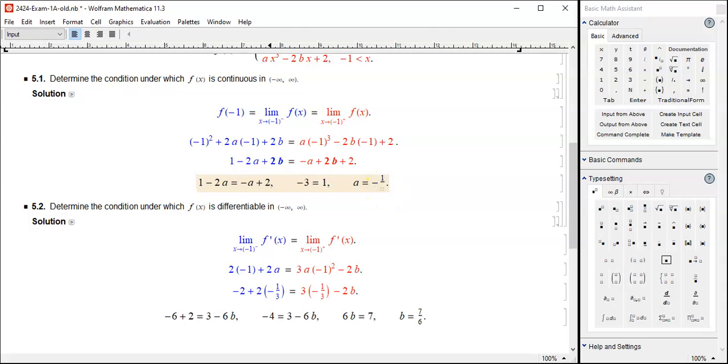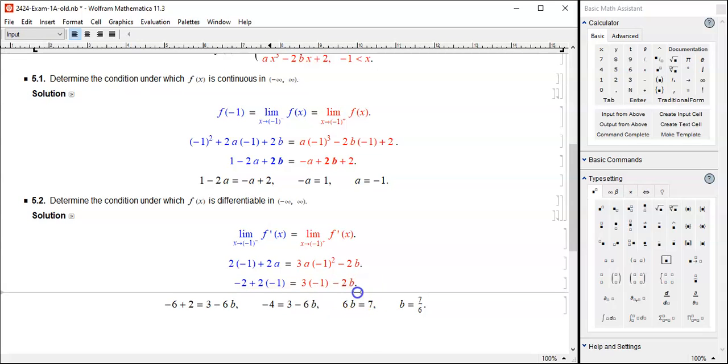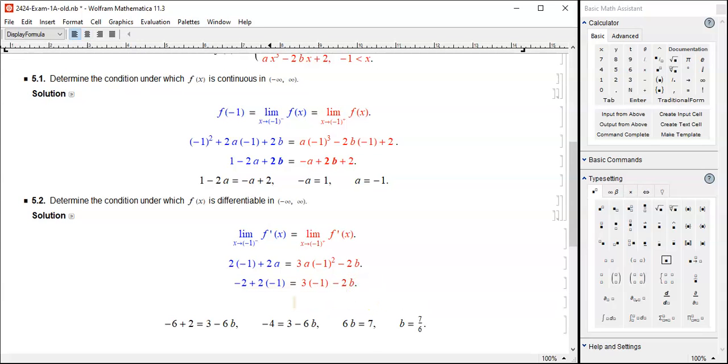So this is just a equals to negative 1. Right here, if I add a to both sides, then minus 2 plus 1, so minus a equals to 1, so a equals to negative 1. That's what I should have got. And that should be negative 1 there. Then maybe everything works out.